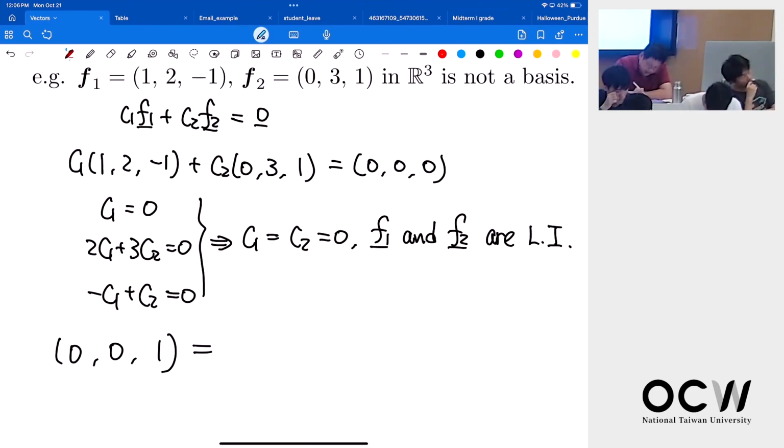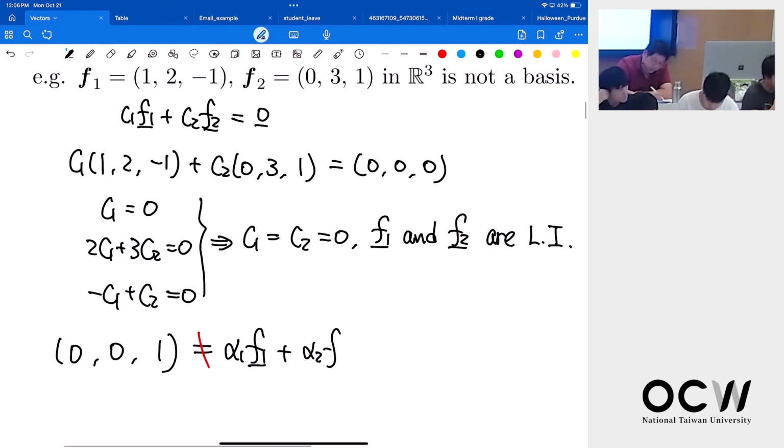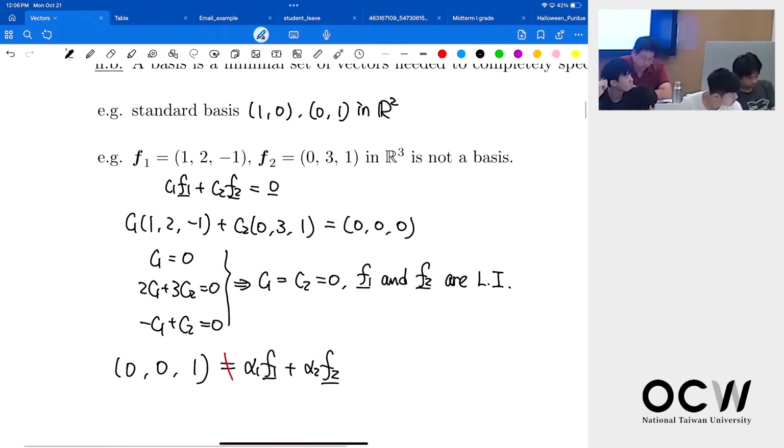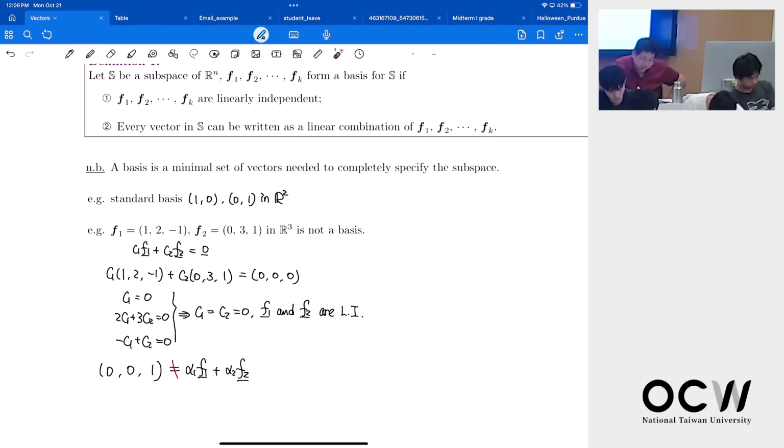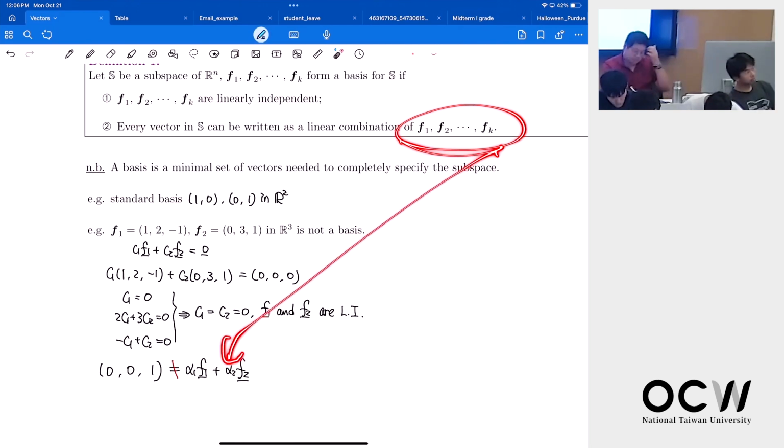I cannot find any linear combination of F1 and F2, so they are not a basis. The basis should be such that all other vectors can be written as a linear combination of these vectors. Apparently here they cannot satisfy that, so they are not a basis.